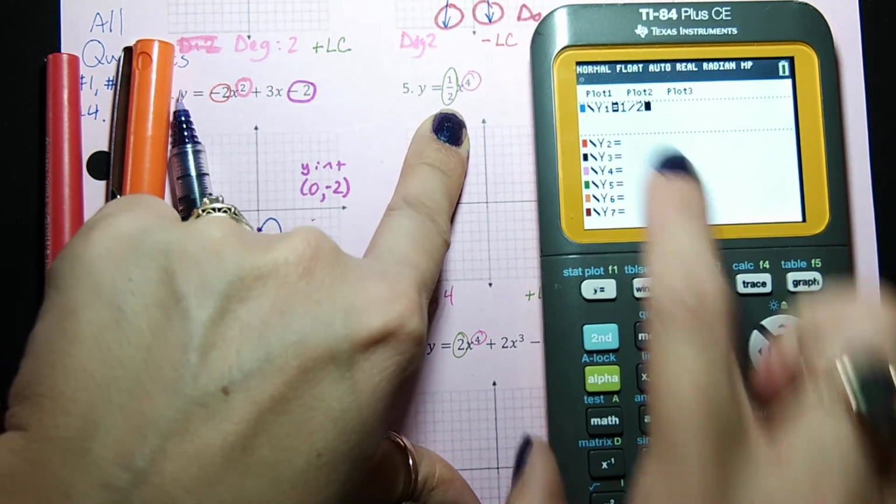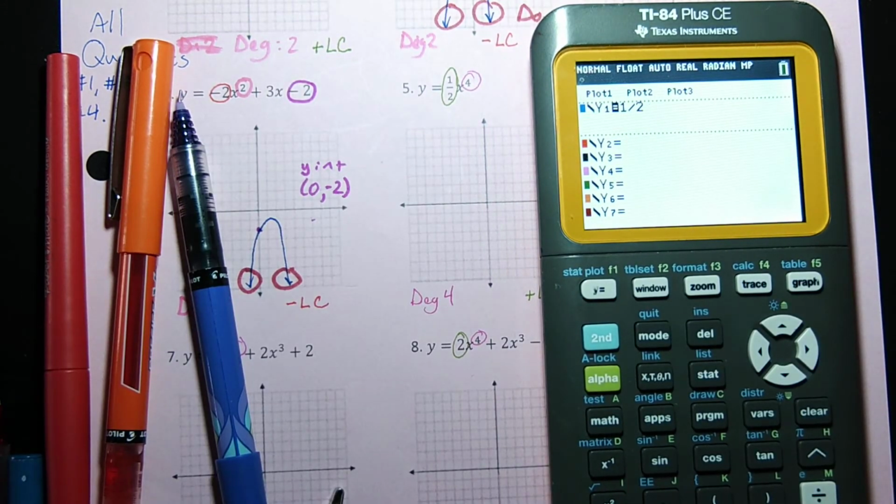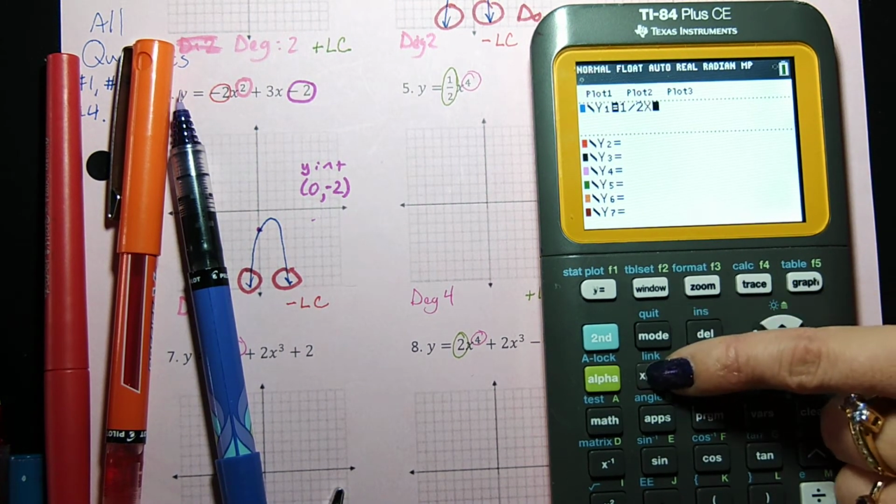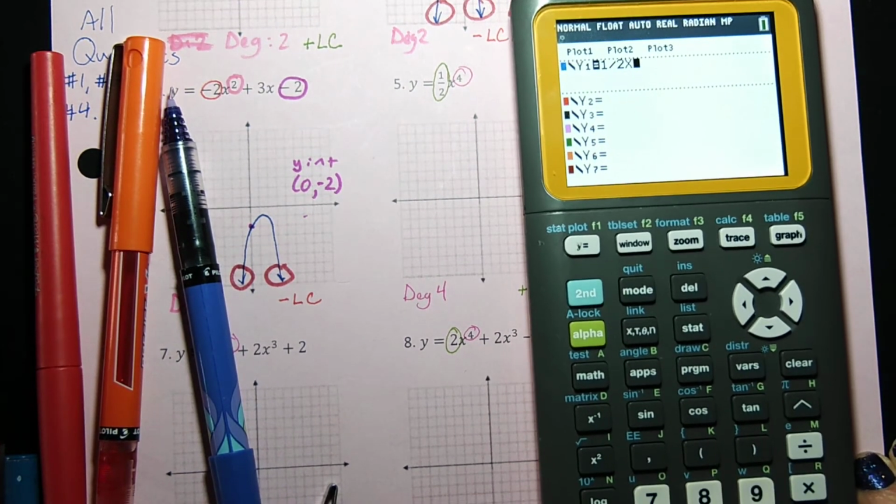And that gives 1/2, or 1 divided by 2. Then hit your X,T,theta,n button for x. Now when we use the caret button, we're going to type in 4. What do you think it's going to look like?